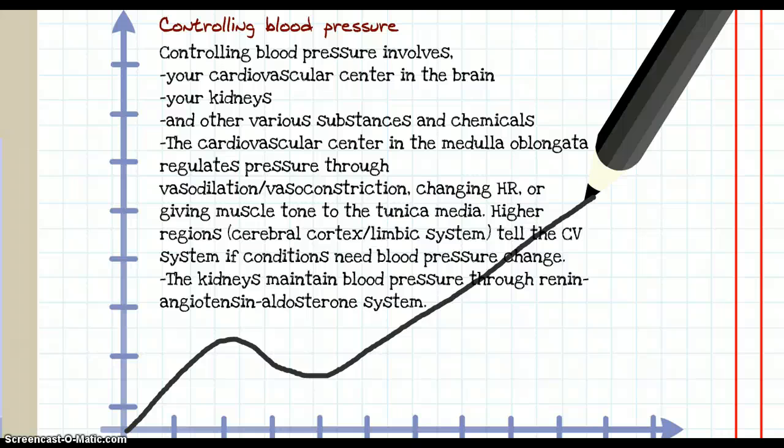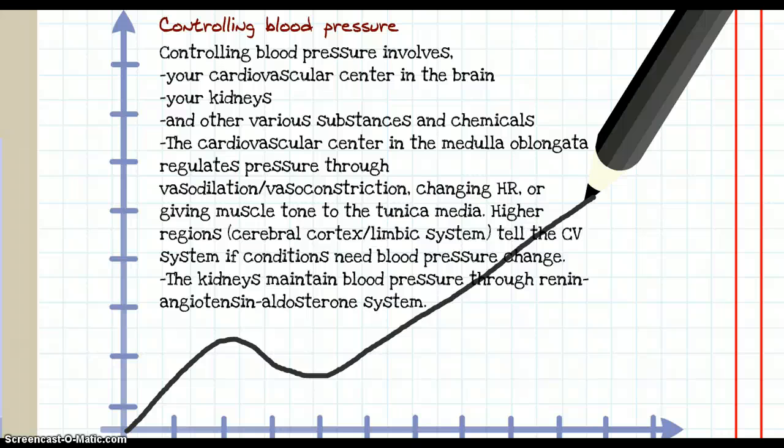There's also another way to control blood pressure, something that your kidneys do, called the renin-angiotensin-aldosterone system. Your kidneys will secrete a substance called renin, and that will allow a substance called angiotensinogen in your blood to change into angiotensin 1. Then enzymes from your lungs will change angiotensin 1 to angiotensin 2.